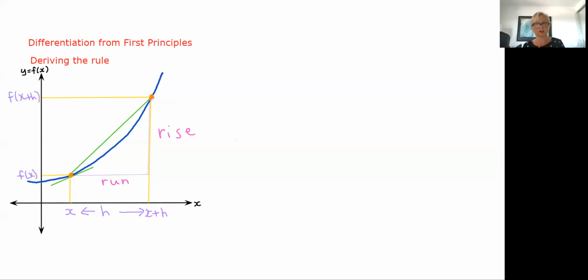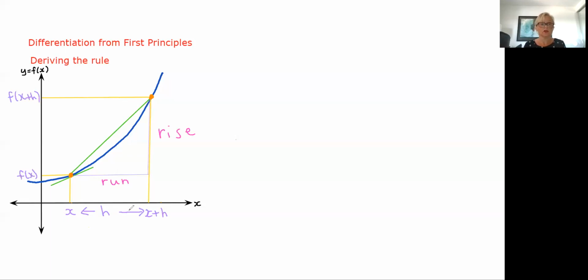Now it looks like it's a lot up. That's so that I can show you some working and so forth and put in some values. We've picked a point just a little bit to the right and we've created what's called a chord along the function. This enables us to get the gradient of that chord.